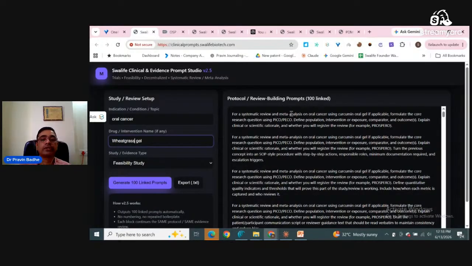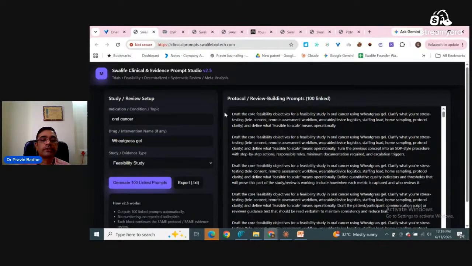So if you see the prompts which were already there, they were for systematic review and meta-analysis on oral cancer using curcumin. But once I asked to generate for my feasibility study, it will change the prompt. So it will draft the core feasibility objective for a feasibility study in oral cancer using wheatgrass gel.